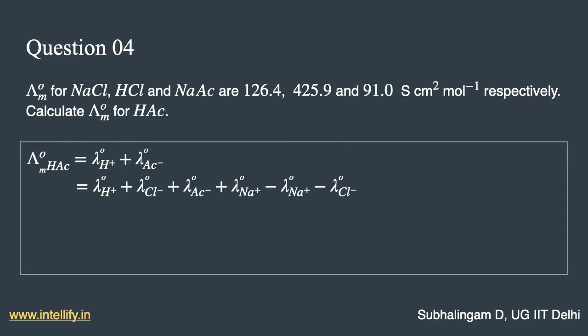So from Kohlrausch's law again, lambda naught H plus lambda naught Cl minus is the limiting molar conductivity of HCl, and lambda naught Ac minus lambda naught Na plus is the limiting molar conductivity of NaAc, and the remaining two, lambda naught Na plus and lambda naught Cl minus, give me minus the limiting molar conductivity of NaCl.